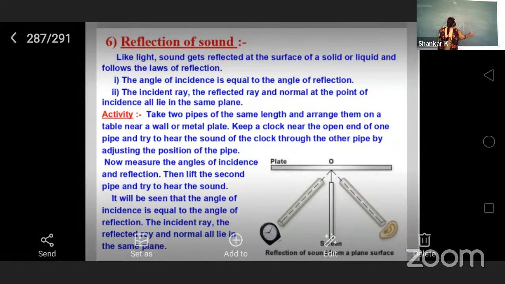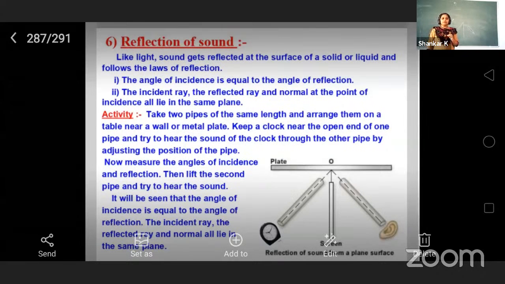At one end there is a clock, and at the other is the ear, so you just have to hear the sound. Keep your clock near the open end of one pipe and try to hear the sound of the clock through the other pipe, adjusting the position of the pipe. Both have been adjusted. You have to fix the clock and listen.